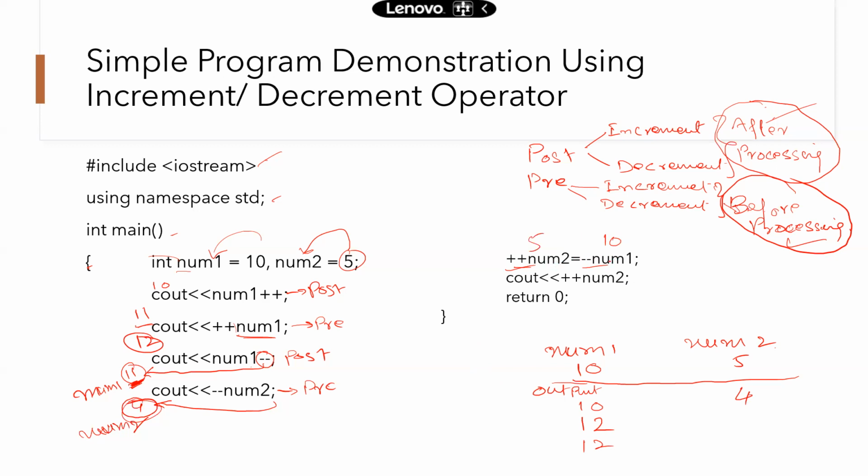So once it is decremented, it is going to assign num1 to num2. So logically speaking, we had 5 over here and 10 over here, right? We are going to assign num1 to num2, because after this pre-decrement, the value of num1 was 10. This 10 is going to override the value of 5. So num2 is now going to become 10.